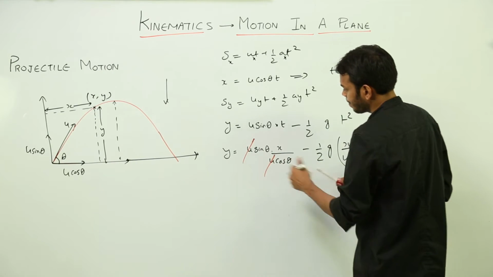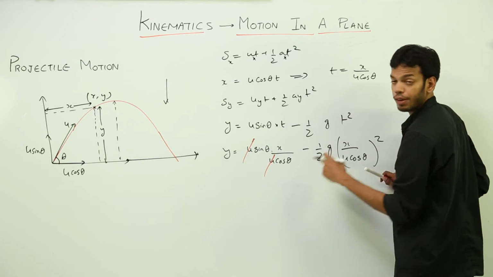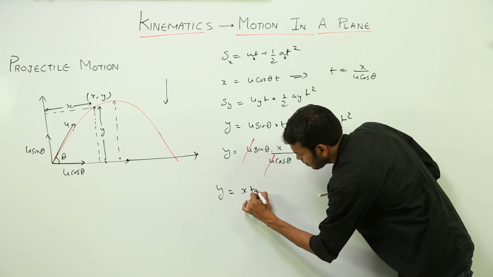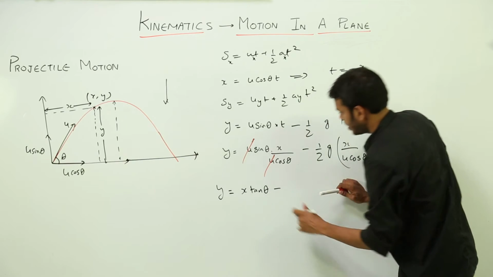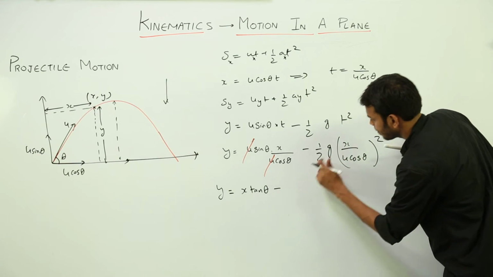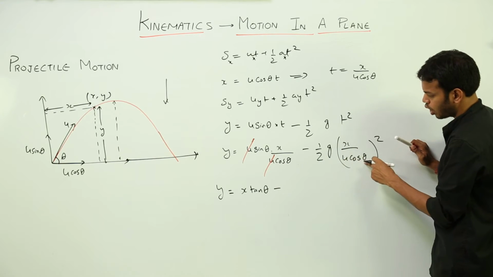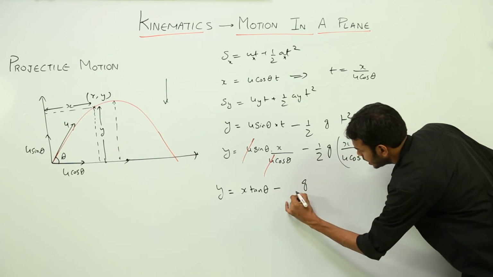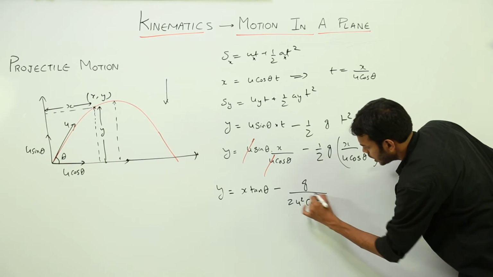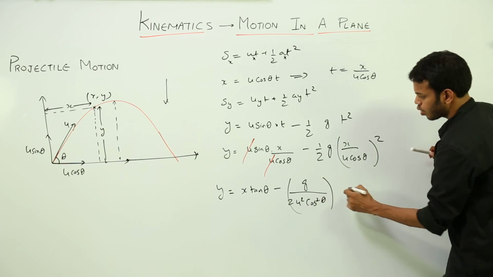I am left with x into sin theta upon cos theta, which is tan theta. So y = x tan theta minus half, these are constants, half g upon u square cos square theta. So I am writing it as g over 2 u square cos square theta, which is constant, into x square.